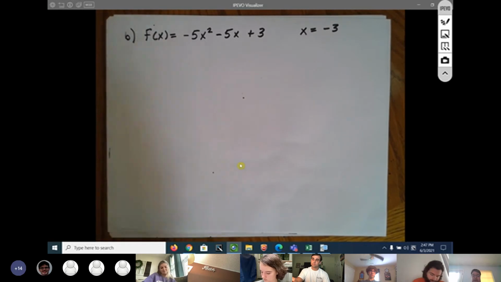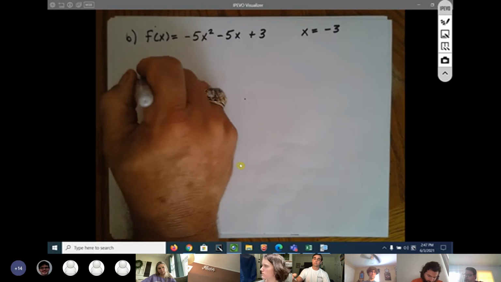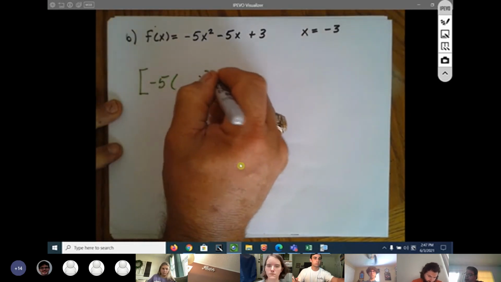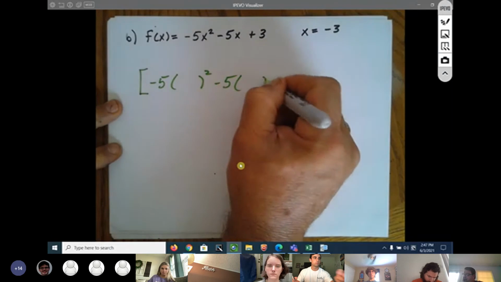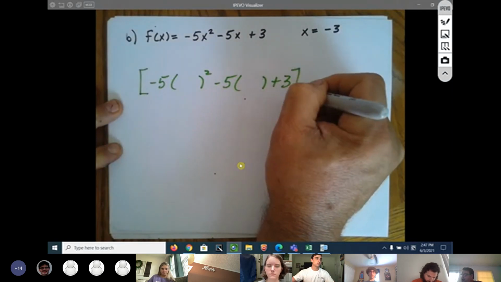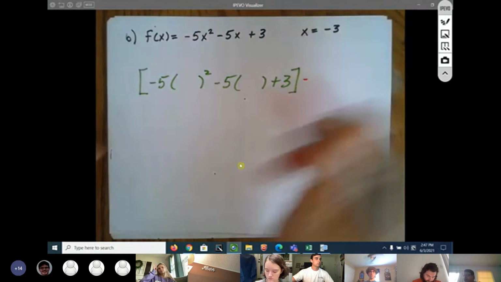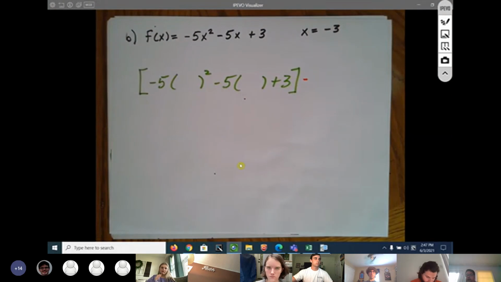All right, so I'm going to take my handy dandy green marker. Negative 5 parentheses squared minus 5 times parenthesis plus 3. My negative symbol and my orange.